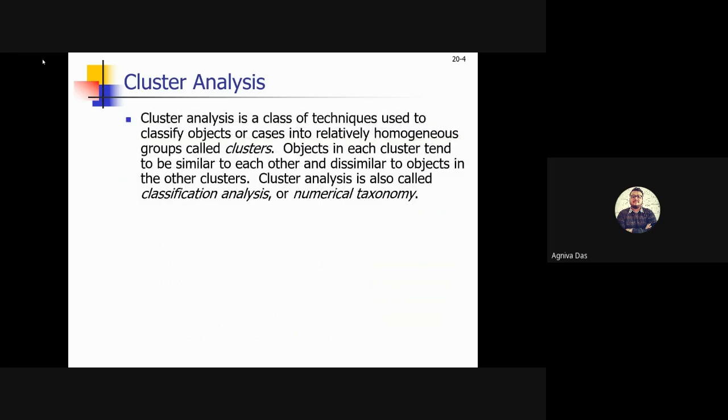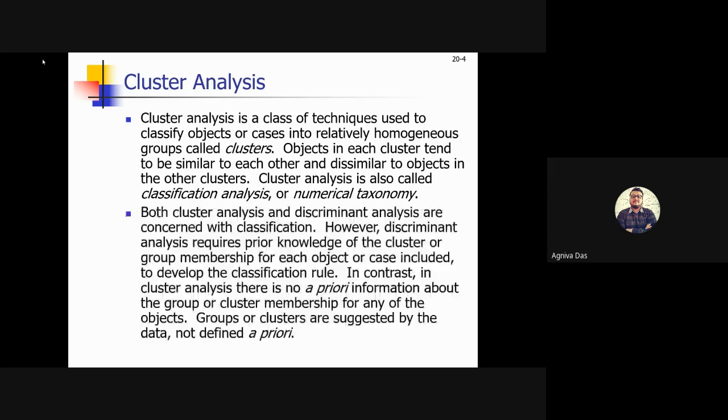It is a class of techniques used to classify objects or cases into relatively homogeneous groups or clusters. Objects in each cluster tend to be similar to each other and dissimilar to objects in other clusters. As I said, students from a particular section will be similar to students from that section, but dissimilar to those from other sections. It is also known as classification analysis or numerical taxonomy.